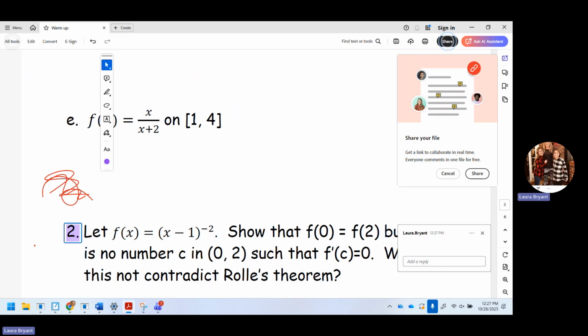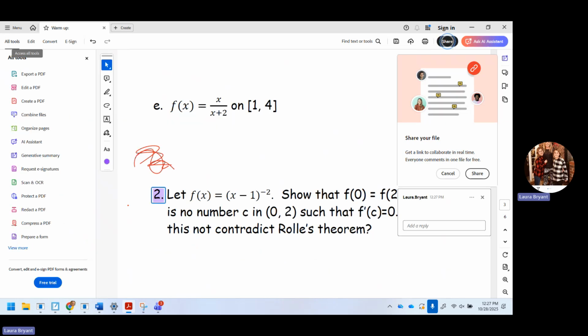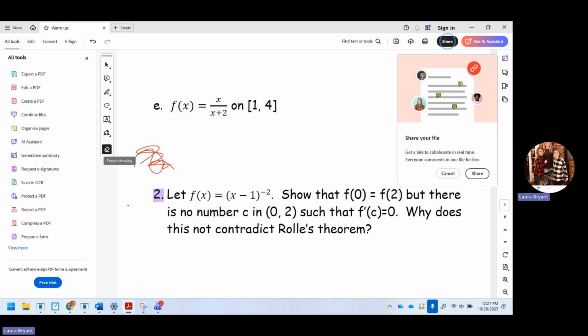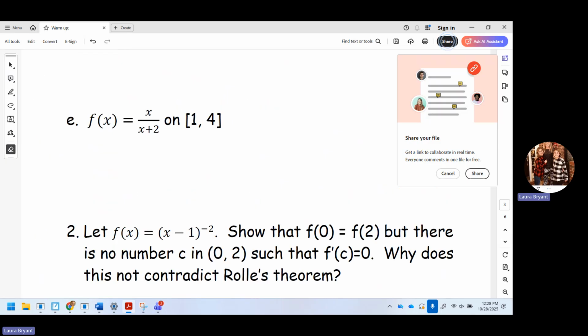Maybe if you click on the scribble, there'll be an eraser button. Wait, there is one at the bottom. I know that's a highlighter. Oh my gosh. Technical difficulties. Okay, this one. I'm going to do the best I can here.